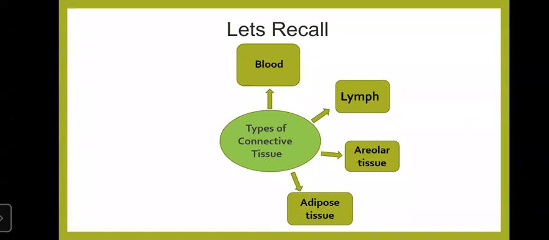The cells in adipose tissue are modified to store fats in large quantity. It provides insulation. It serves as a storage of fat as well as a rich energy resource whenever the body is starving.